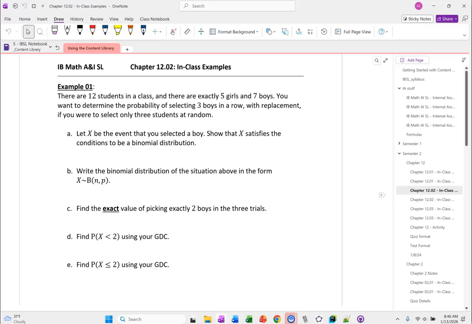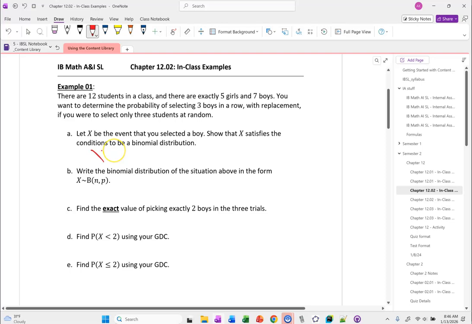Oh, with replacement. Because we're replacing the names after we draw them. We do have independence. Good. And the last one is probability of success is fixed. And we know that's true because we have replacement still, right? Okay. So we can say that X is B what?